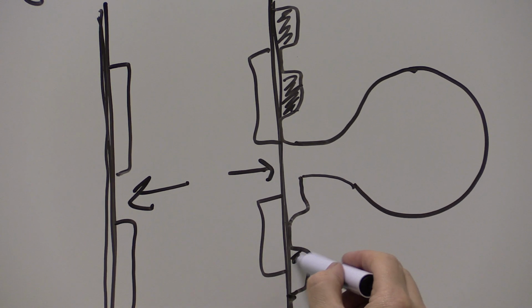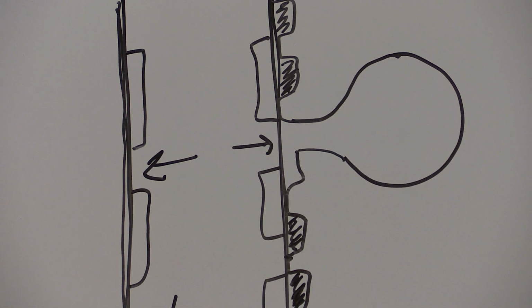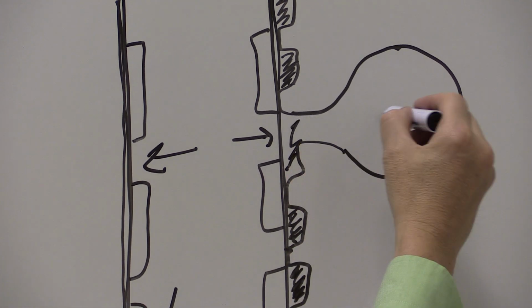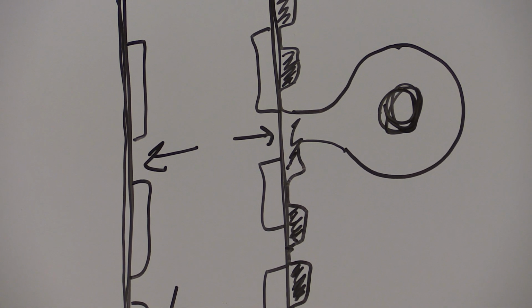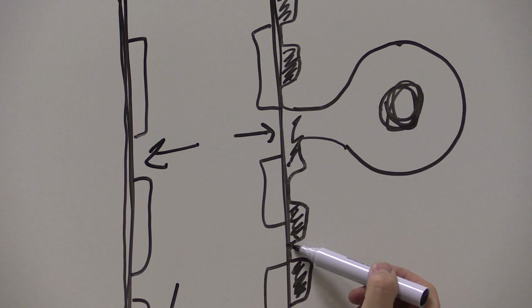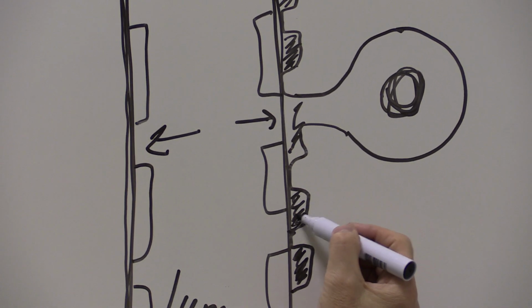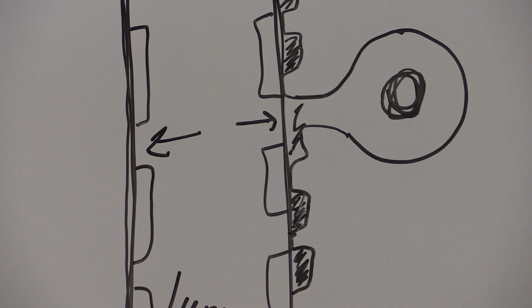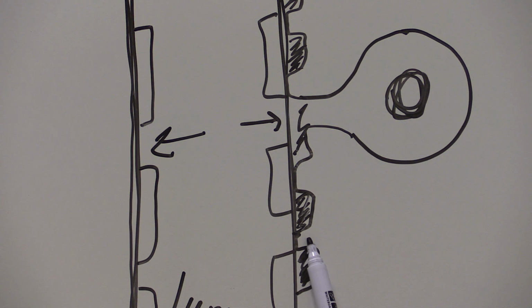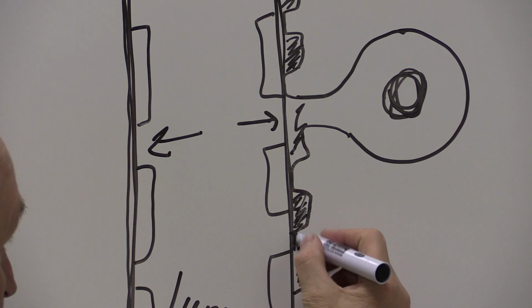Same there. So again, just darkening in the foot processes. This is the podocyte here with its nucleus. So these gaps, this gap here, between two pedicels, between two foot processes, that is the filtration slit, that tiny slit there. And we know the slit membrane is over there, like that.